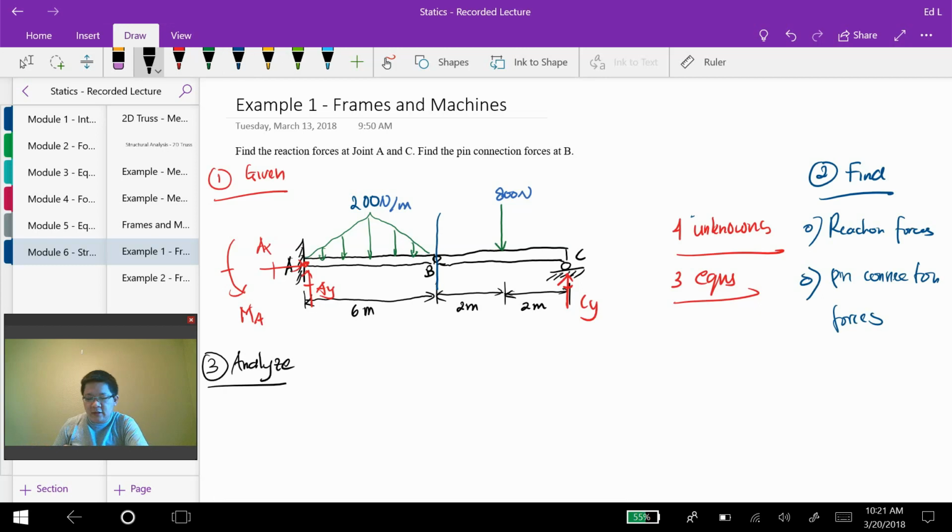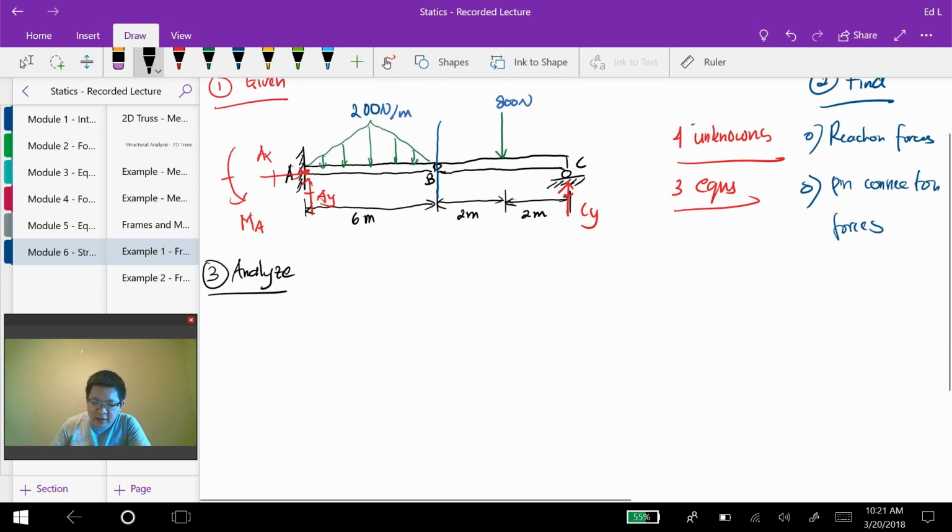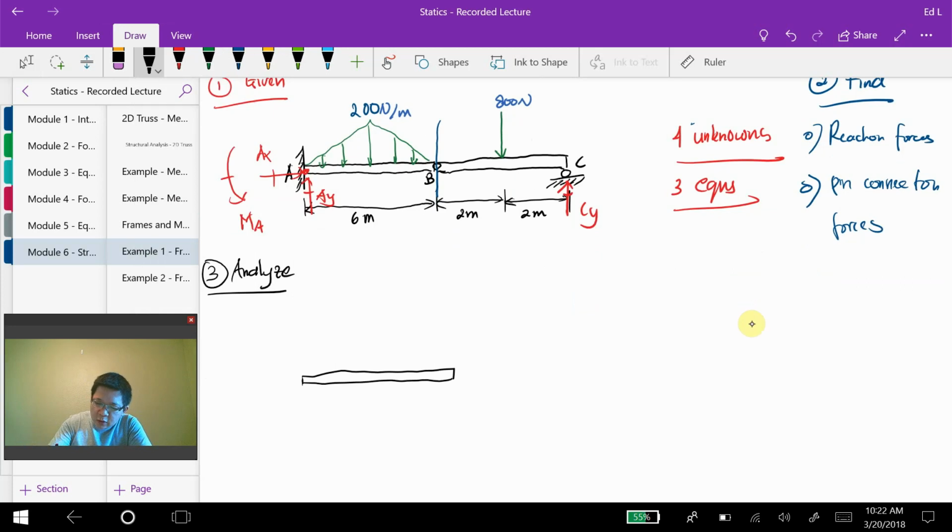In the analysis, we first sketch the free body cut diagrams. Once I make a cut right here, I separate it into the left hand free body diagram and the right hand free body diagram.